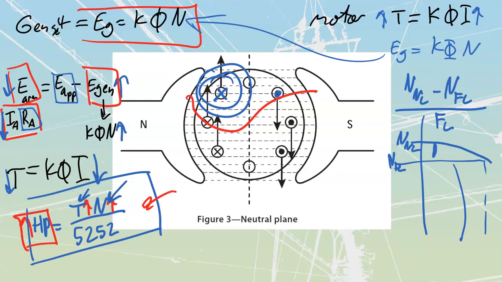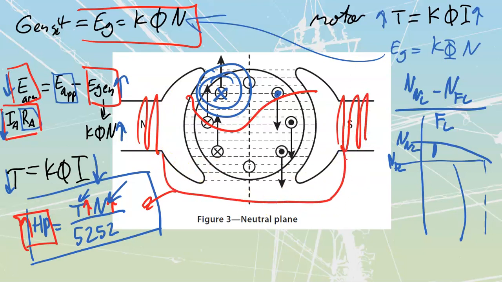If I place a rheostat or a control device in my field circuit, so here's my field over there, and I limit the amount of current going through there, then my field current is going to decrease.